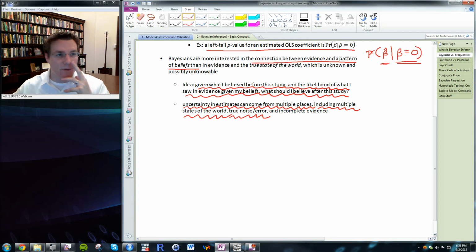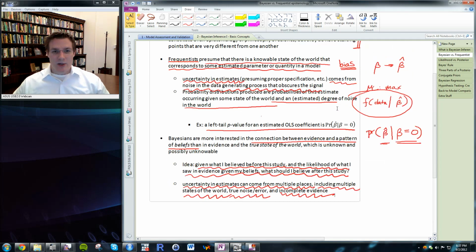And noise can come from the fact that we're only looking at one of them, or that we're looking in the wrong way or something like that. And it may simply be that our evidence is incomplete. We have uncertainty about the world because we haven't looked at every possible realization of the DGP, and so we have ignorance that we need to quantify in some way.